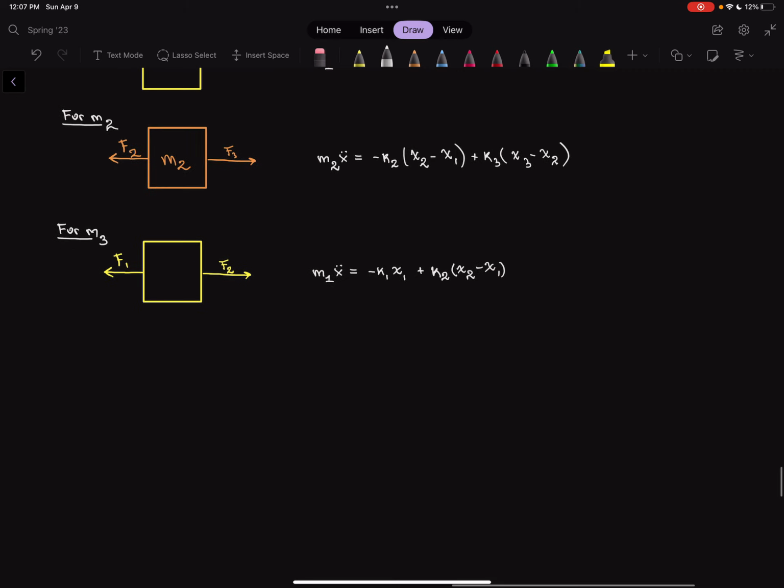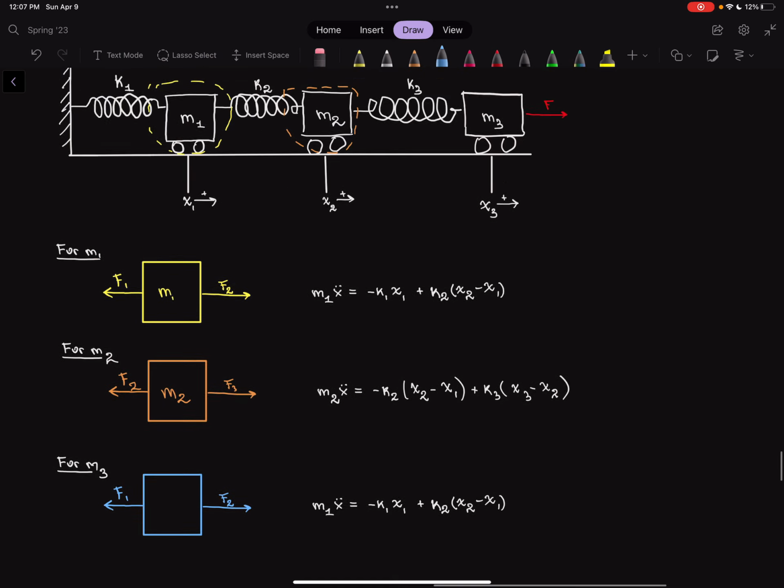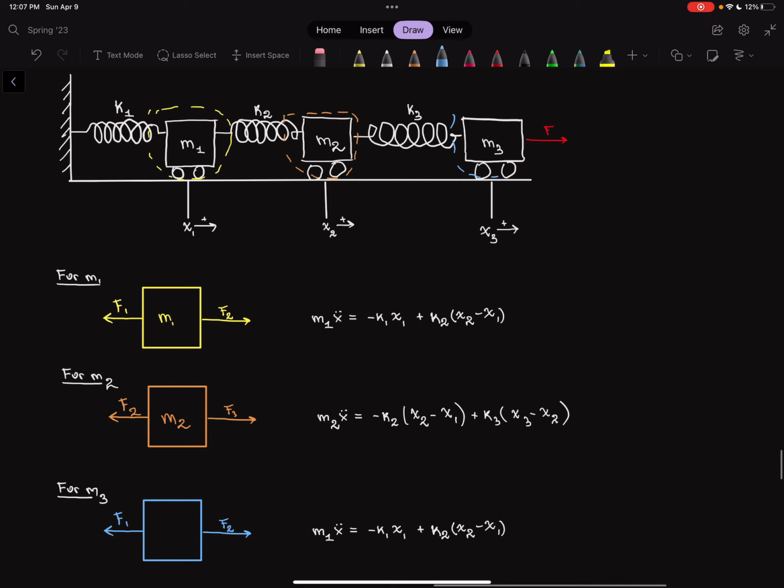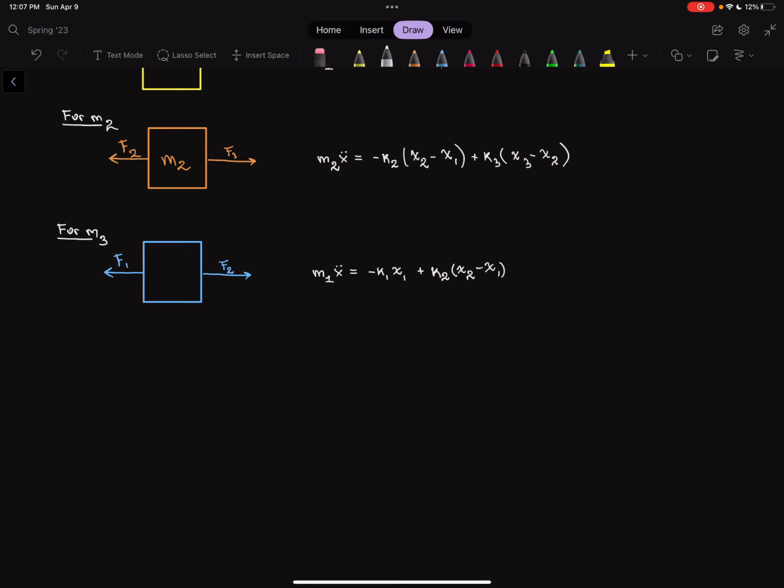And then we can look at this last one. We'll say that this is for this guy right here, and this guy, this is M3, is going to have only one force, which is the force of the spring pulling back right here.